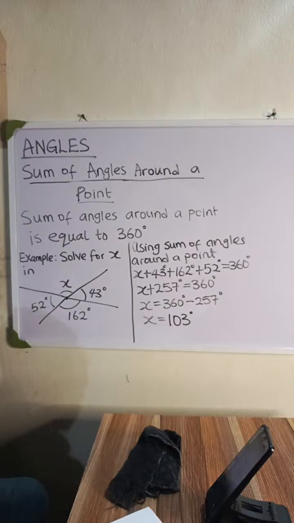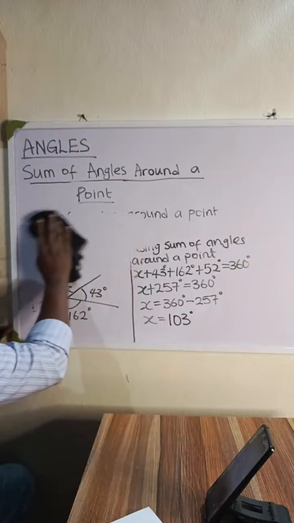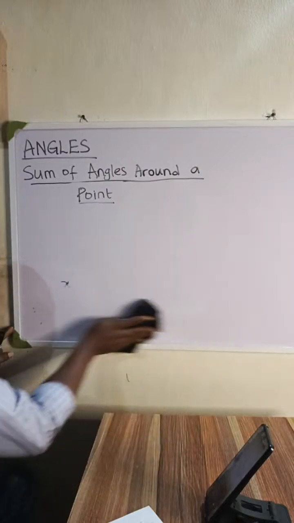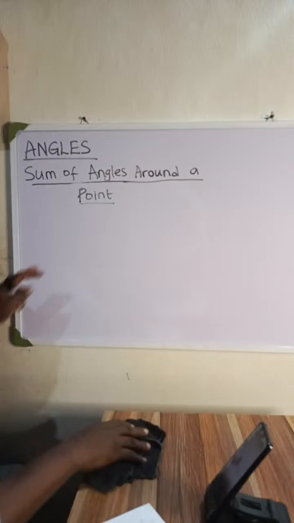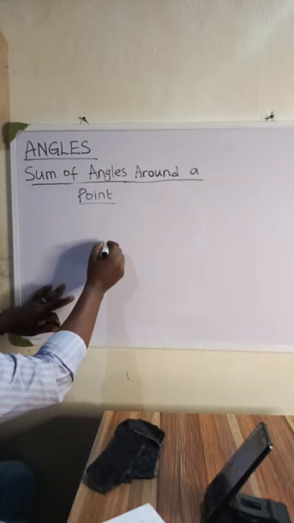Okay, so I'm going to give you guys a question now to try, and then we go to the next principle. So we've looked at two principles today. We've looked at sum of angles on a straight line, and now we've looked at sum of angles around a point. So try out this question and give me the answer.